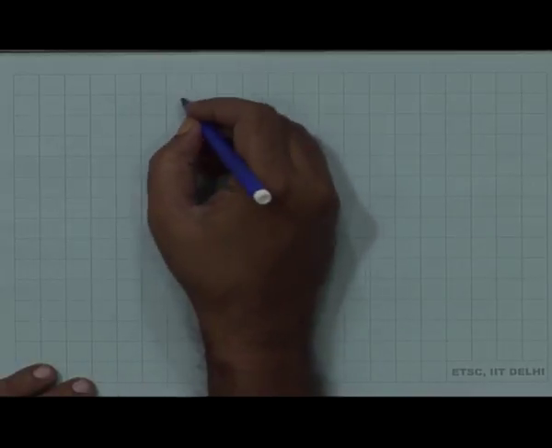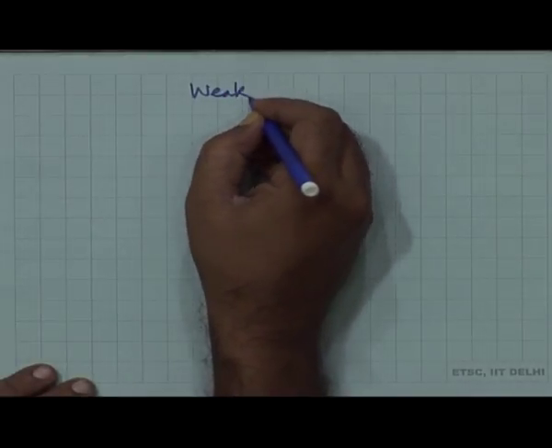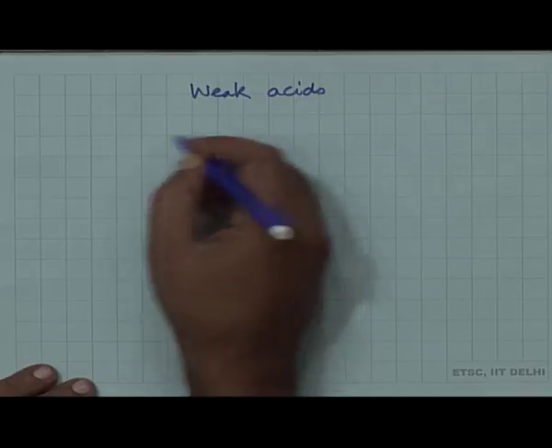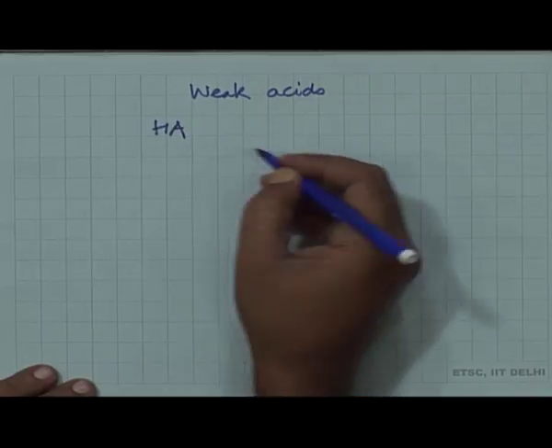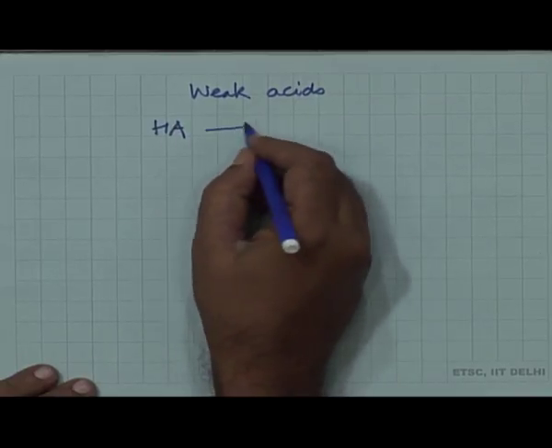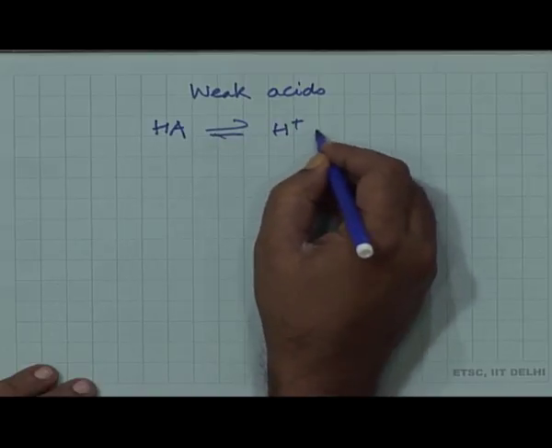In case of weak acids, we have equilibrium between undissociated species and dissociated species.